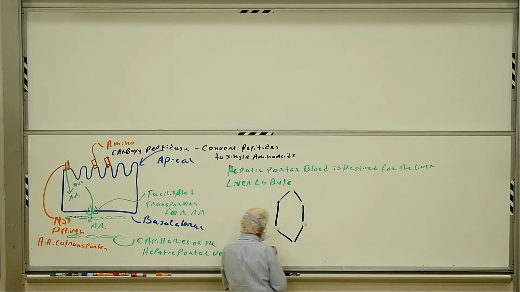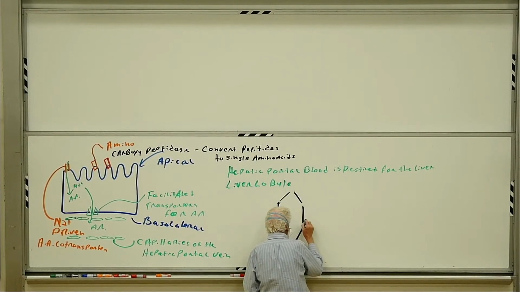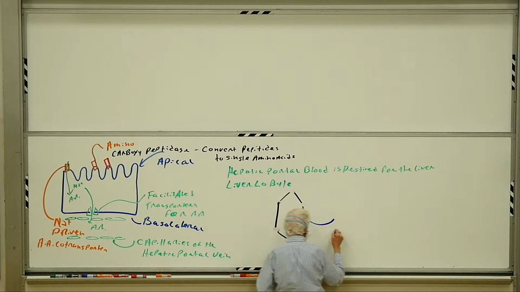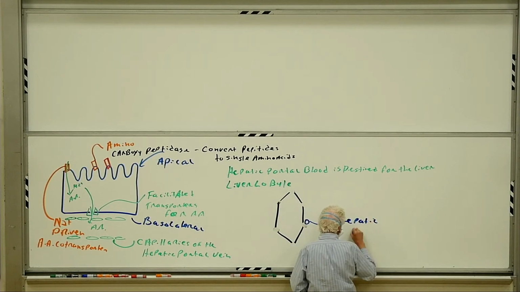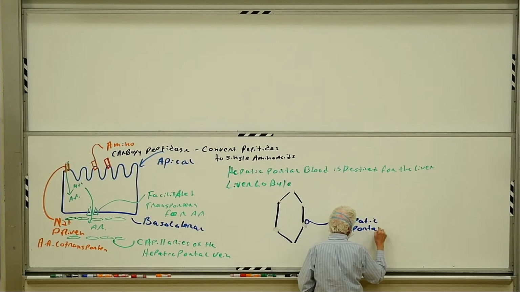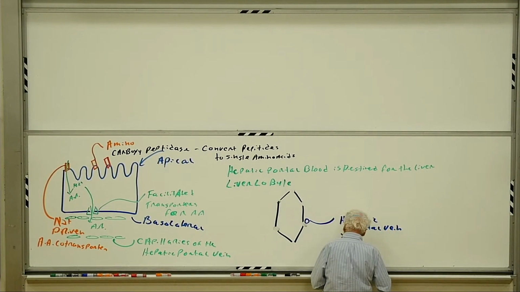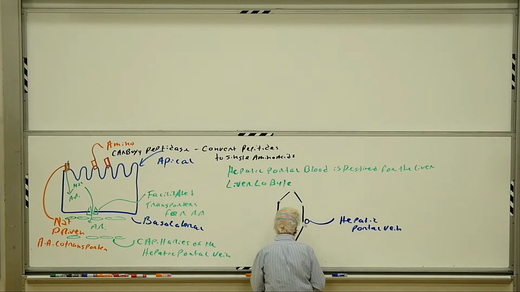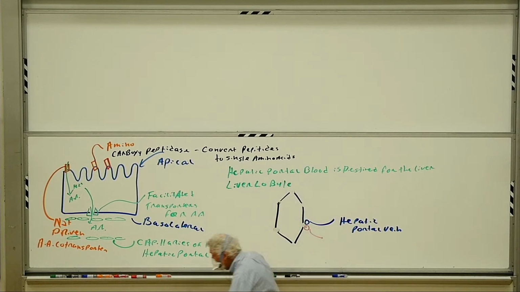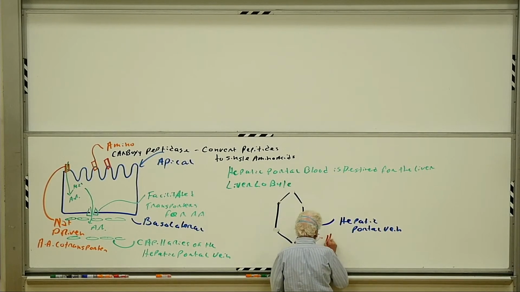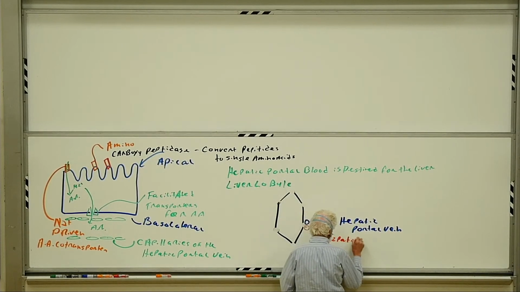One tube I'll show in blue. This tube is an extension of the hepatic portal vein. The other tube I'll show in red, and this is the hepatic artery.